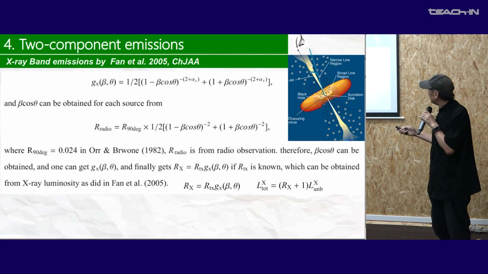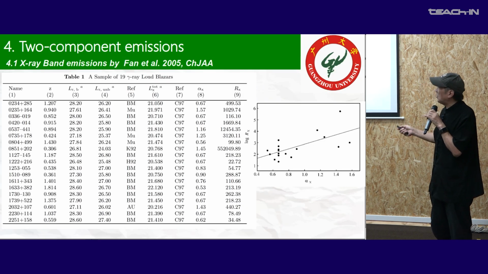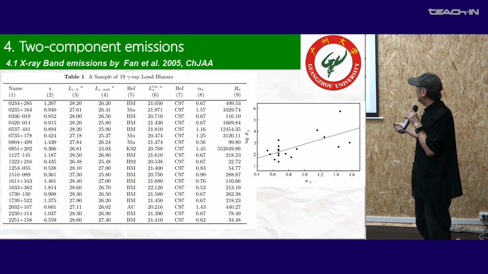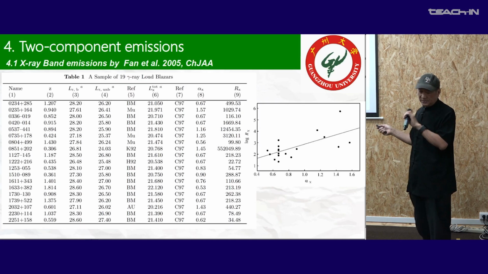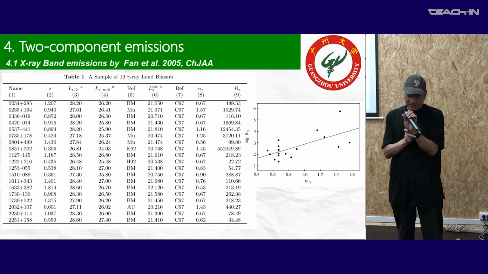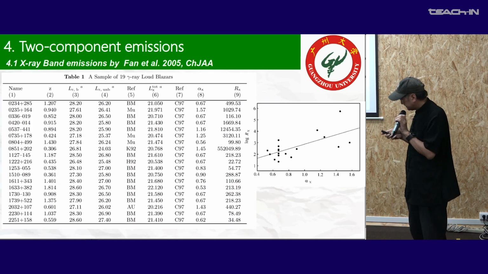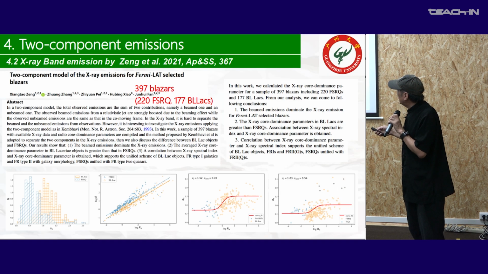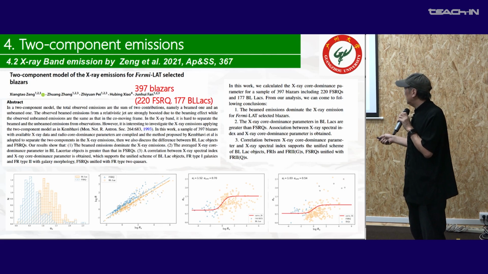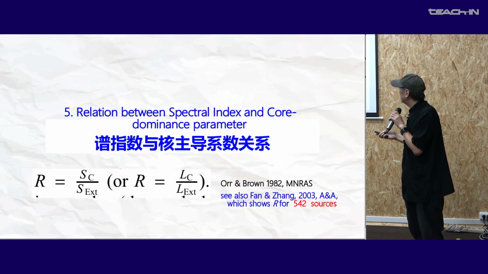In this way, we tried to separate the X-ray band for many sources, and finally we found also that for the X-ray band the core dominance parameter is associated with the X-ray flux density and the spectral index. We used this as a big sample of many sources. We separated the X-ray into two components and got this statistical result.